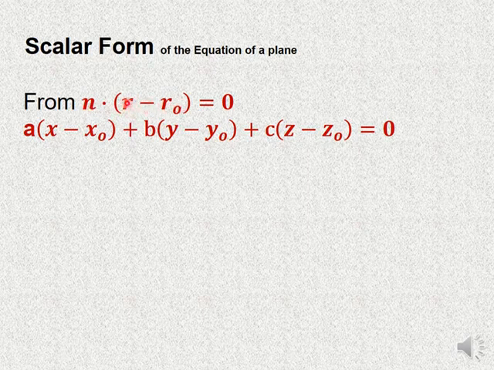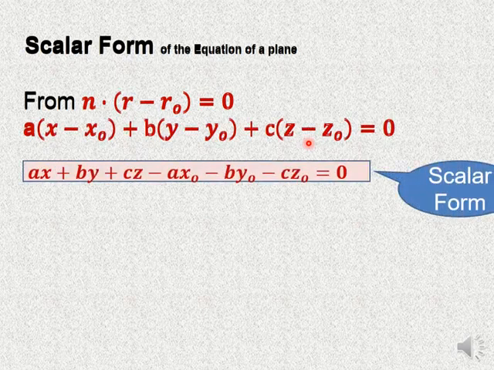Now if we substitute the components of n, which were a, b, c, and we substitute for r as x, y, z, and r naught as x naught, y naught, z naught, and we dot the two vectors, we shall end up with this equation, which is a(x minus x naught) plus b(y minus y naught) plus c(z minus z naught) equals 0. So this is the scalar form of the equation of a plane.